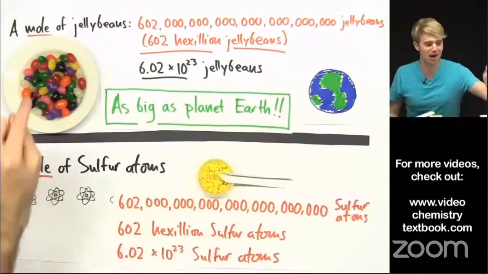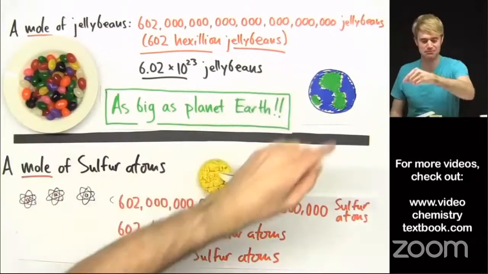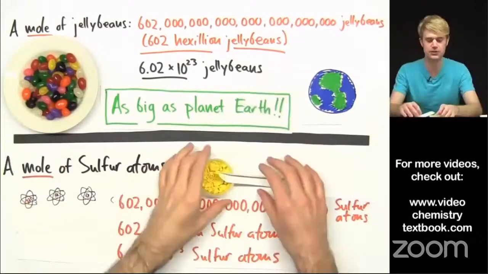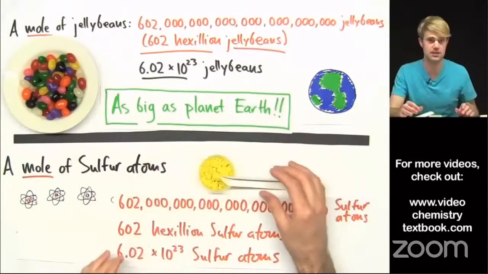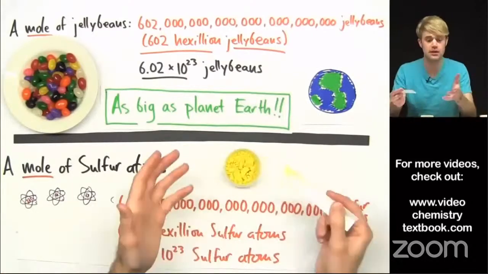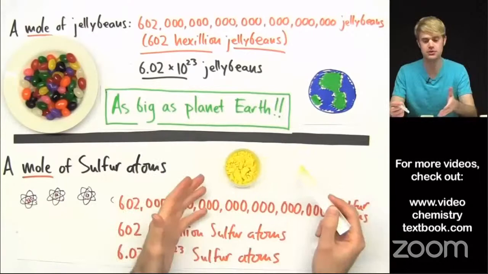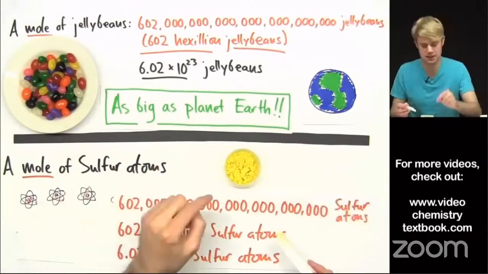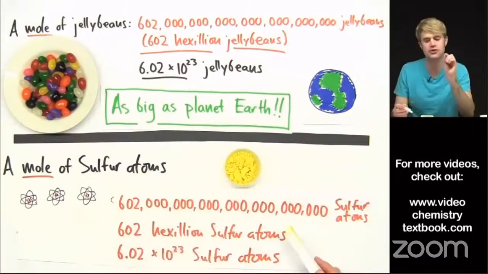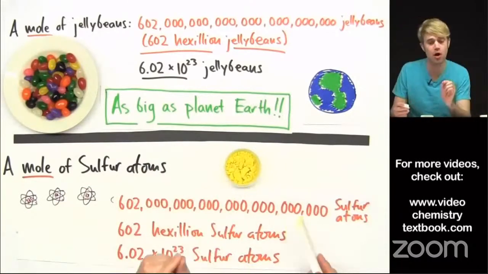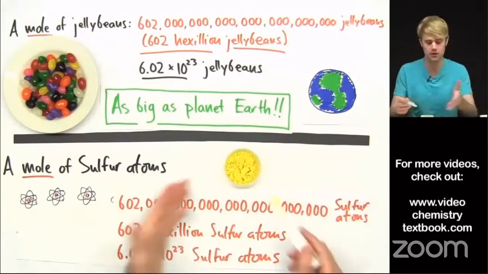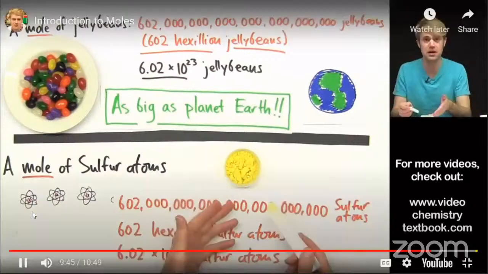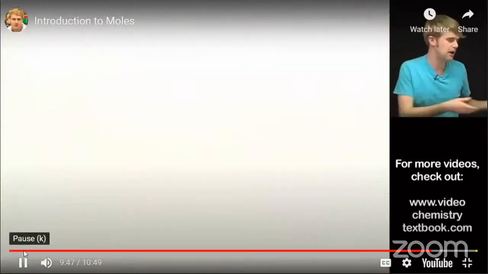So when we're dealing with something as tiny as atoms, a mole doesn't actually take up that much space, because the things that we're dealing with are so incredibly small that a giant number of them just isn't that big. So just to review what we've talked about.